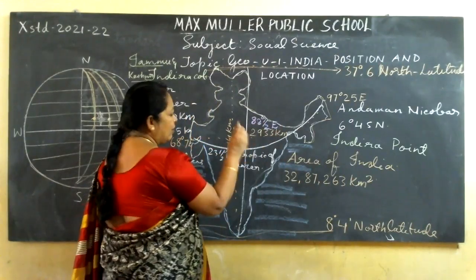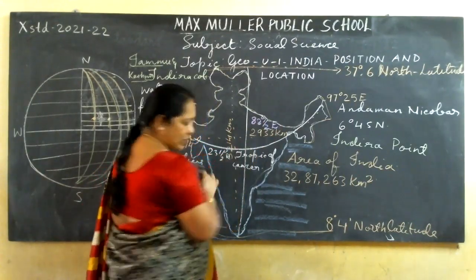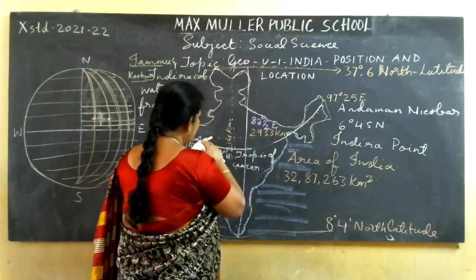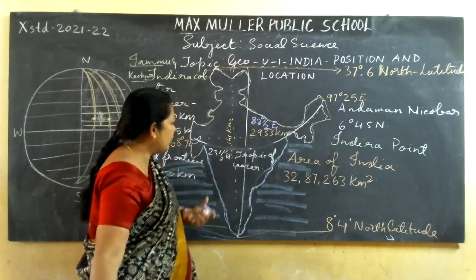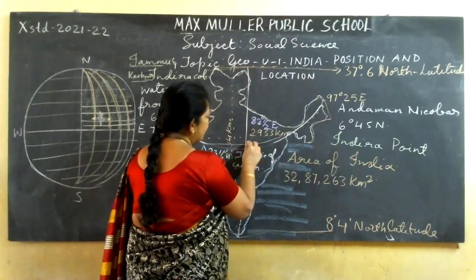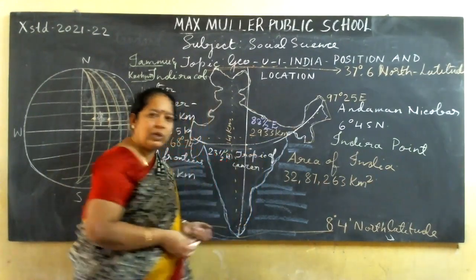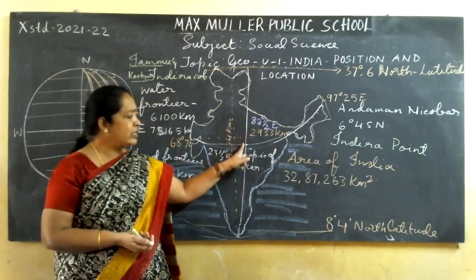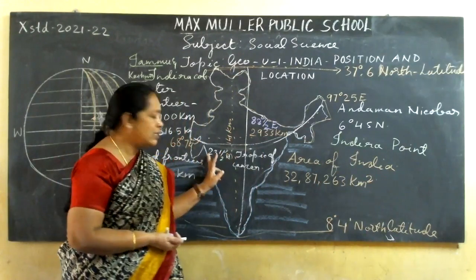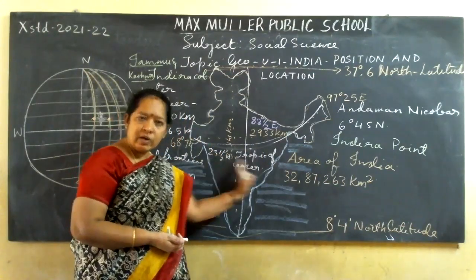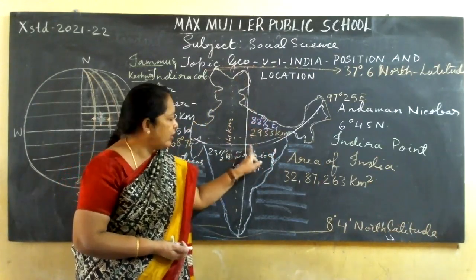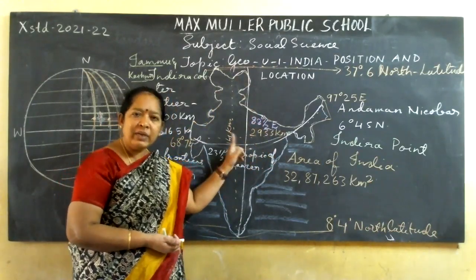The center of the Tropic of Cancer also passes there. This is the center of India, where the 23.5 degree Tropic of Cancer and 82.5 degree east longitude meet together.